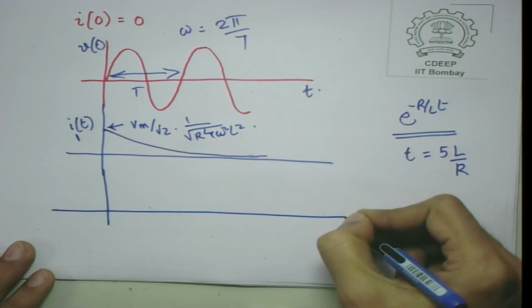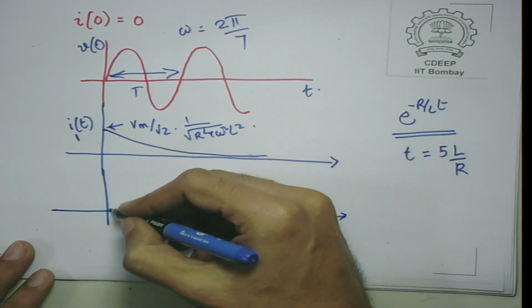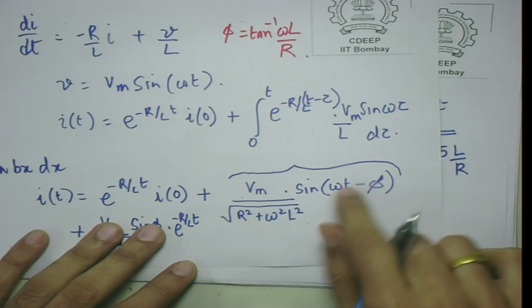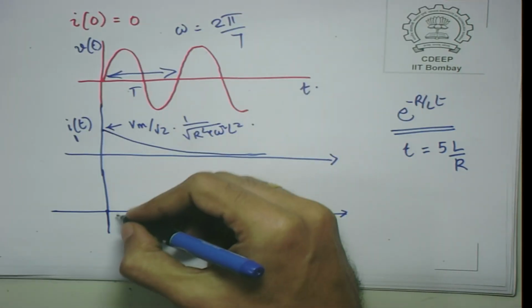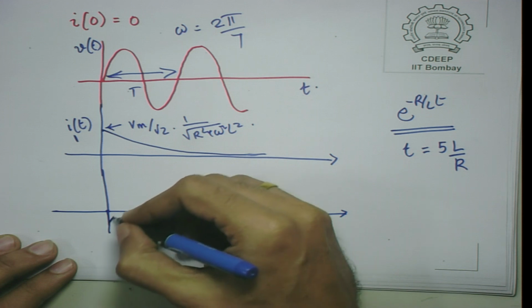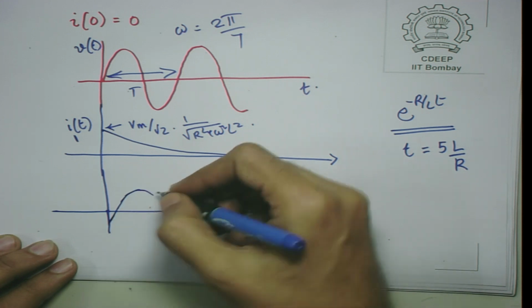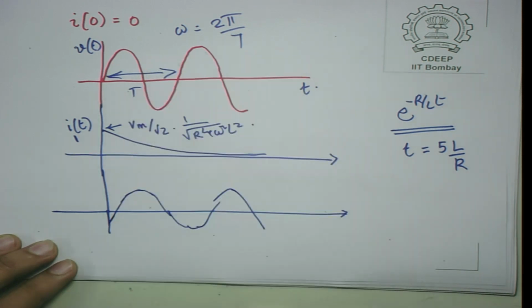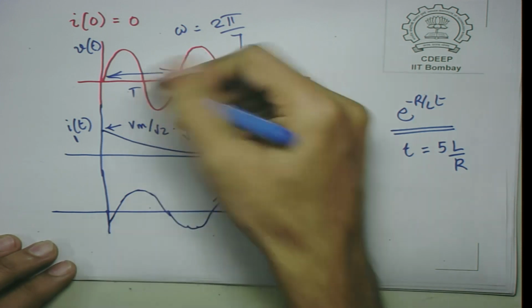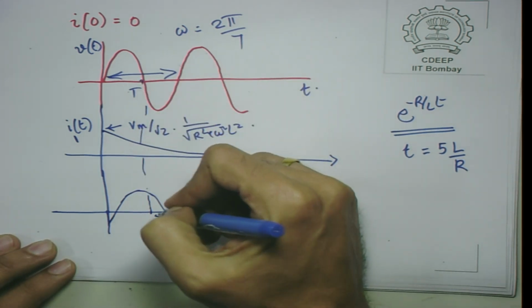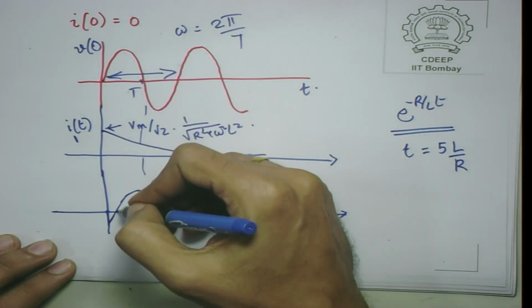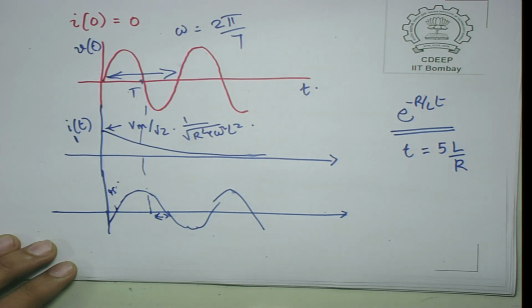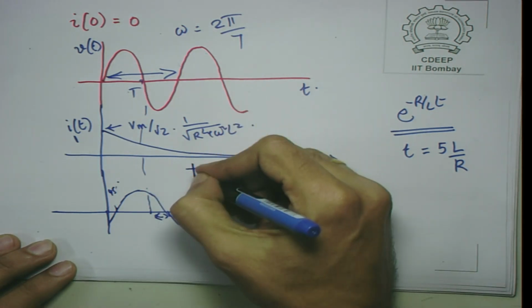You also have what is known as the sinusoidal steady state current, which is going to be lagging because of the fact that this is sin omega t minus phi. A lag of, say, 45 degrees would mean that it would be lagged and scaled by root of r square plus omega square L square. So, it will be like this, so that this waveform lags this waveform by 45 degrees. It is not very well drawn to scale, but this is roughly 45 degrees. So, what you will find is that your response of current is this plus this.